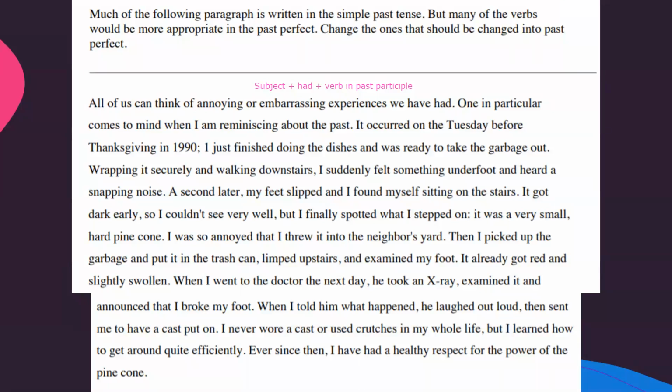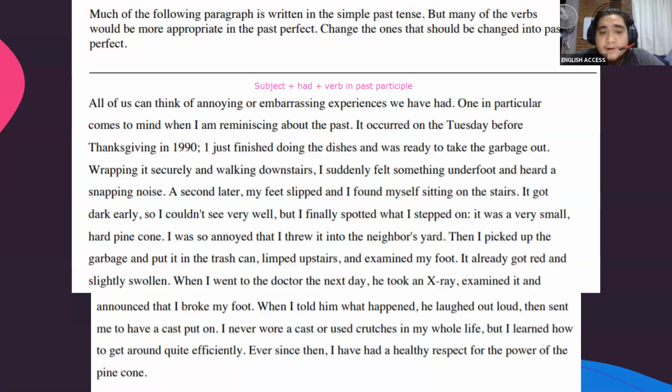When I went to the doctor the next day, he took an X-ray, examined it, and announced that I broke my foot. There is a past perfect there. Where is it?